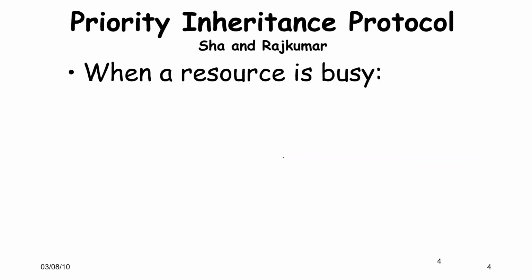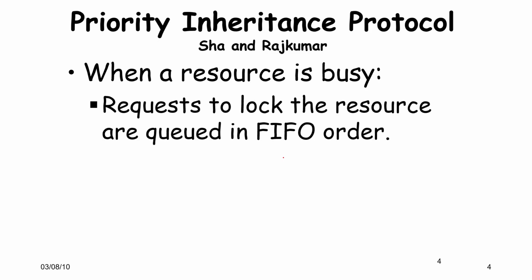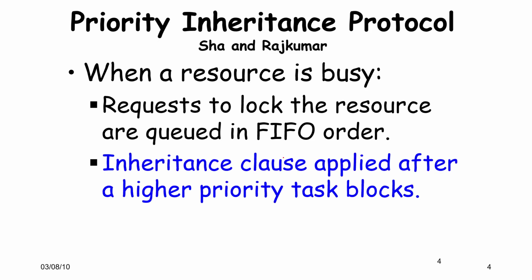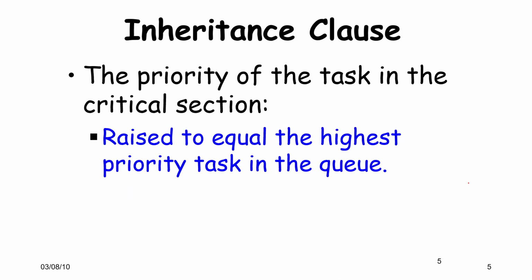So the priority inheritance protocol mainly kicks in when a resource is busy. What happens is that requests to lock the resource are queued in FIFO order. And whenever a higher priority task TH blocks, and why would it block? Because the lower priority task TL is hanging on to the resource and also taking CPU time, as I have just mentioned. At this point of time, the priority inheritance protocol will kick in.